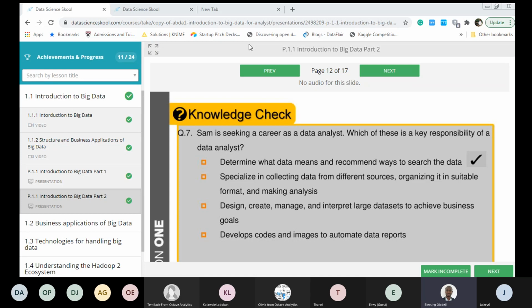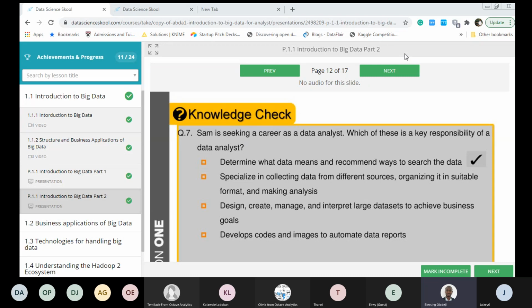The second one specializes in collecting data from different sources and organizing it in suitable formats and making analysis. Number three is to design, create, manage and interpret large data sets to achieve business goals. And number four is to develop codes and images to automate data reports.